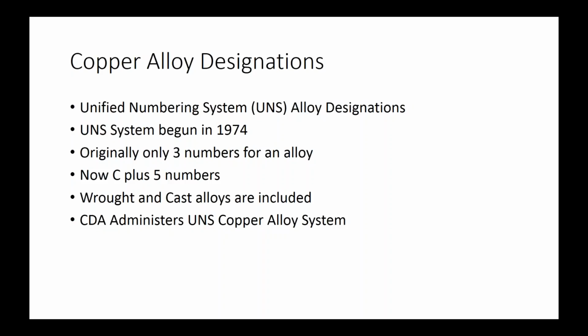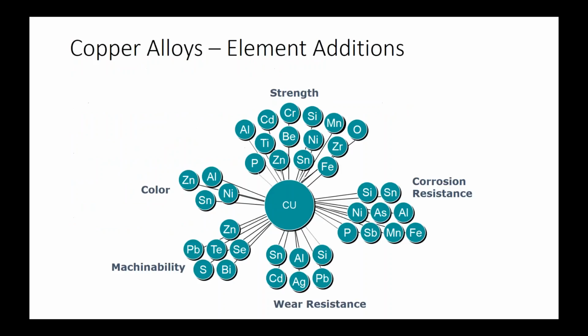Well, when you look at copper alloys, there's different elements that can be added to make an alloy to pure copper for different reasons. If you want to strengthen a material, you have a whole series of alloy elements that are shown at the top of this diagram: aluminum, titanium, zinc, beryllium, tin, iron, nickel, etc. Corrosion resistance.